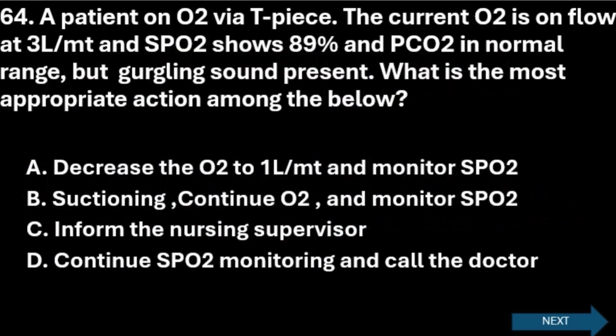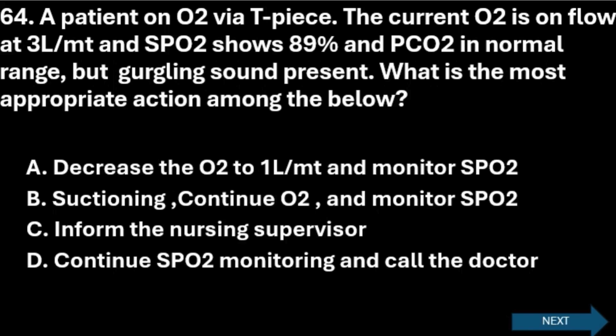Next question. A patient on O2 via TPs. The current O2 flow is at 3 ml per minute and the SpO2 is showing 89% and PCO2 is in normal range till now, but a gurgling sound is present. What is the most appropriate action among the below? Option A, decrease the O2 by 1 liter per minute and monitor SpO2.